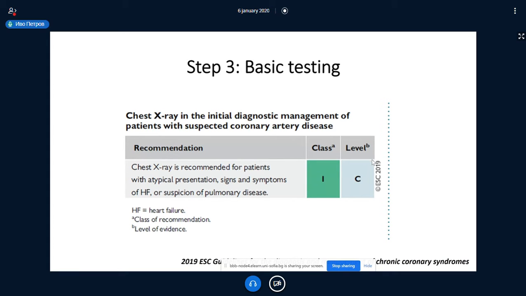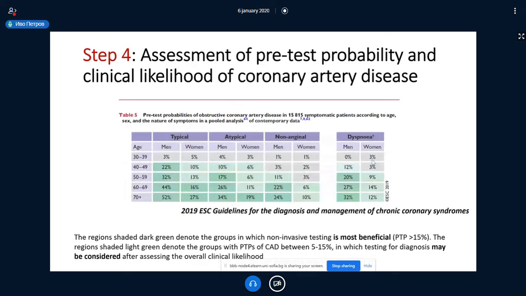In the same way, the chest X-ray can tell us if the patient has a problem with the lung during the chest pain, and unfortunately also has heart failure.